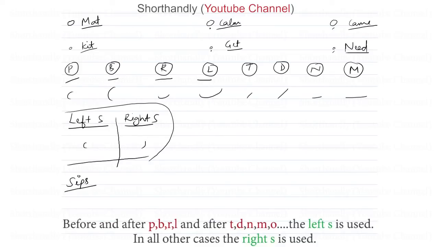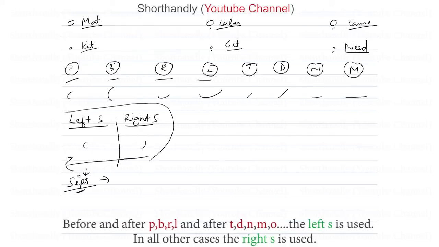If you notice here, we have this P character, and in the statement also we have the P character. So we will be making the left S here, which is this one.